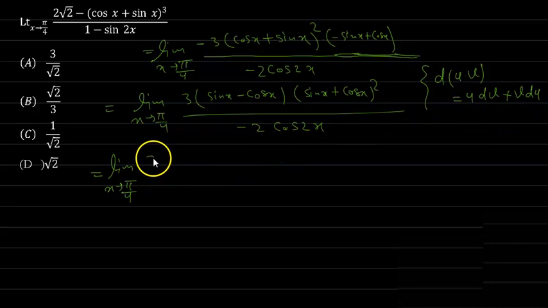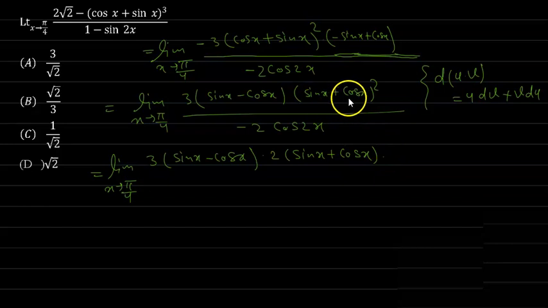Therefore 3 is as it is, and sin x minus cos x is also as it is, and the derivative of (sin x plus cos x) square is 2 (sin x plus cos x), and the derivative of sin x plus cos x is cos x minus sin x.